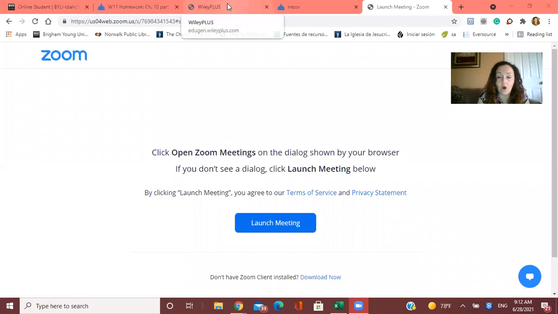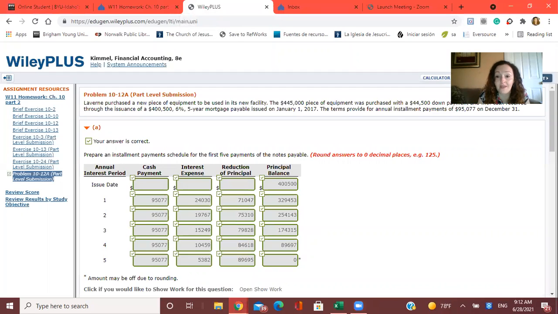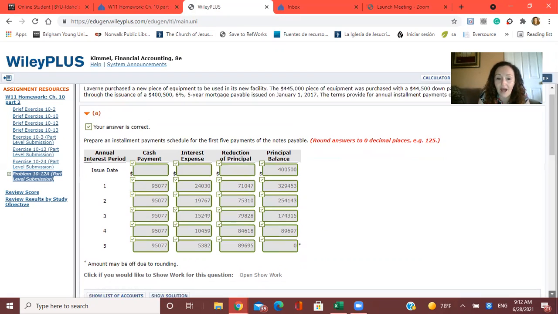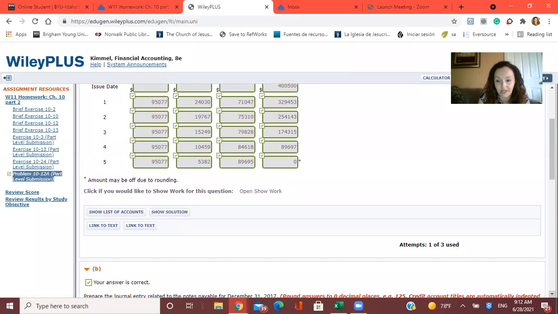I already solved the exercise because it was a little tricky for me to do. I was doing it part by part, but I'm going to show you how I did the exercise.